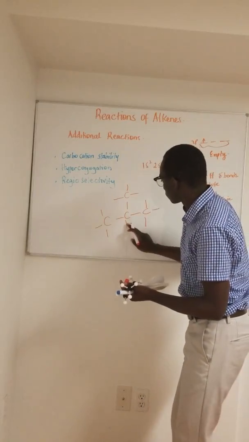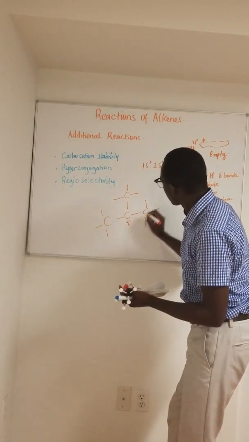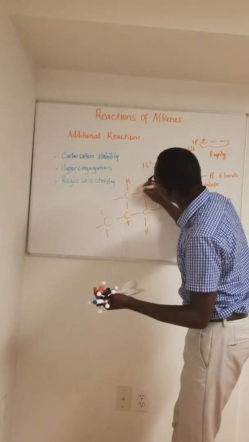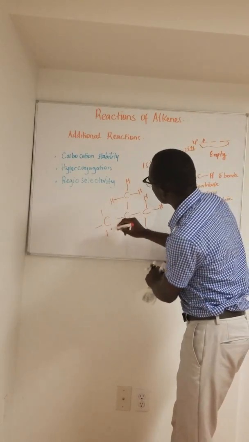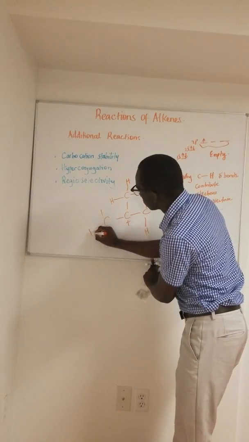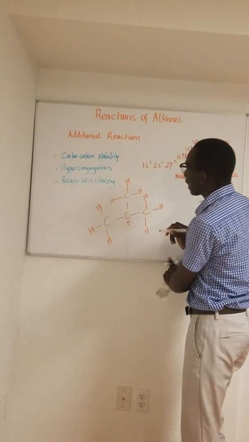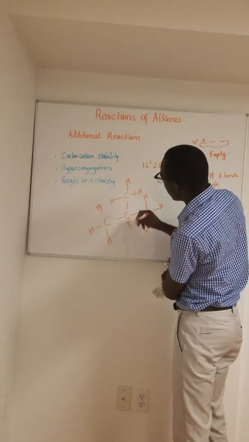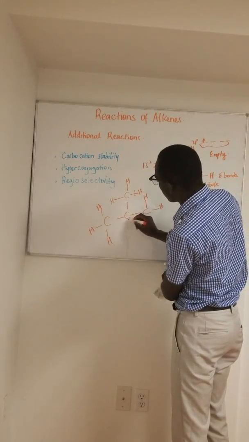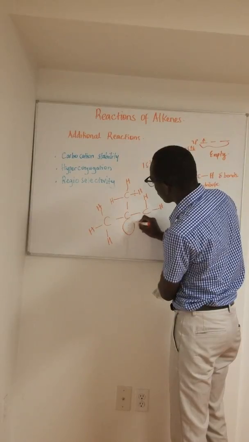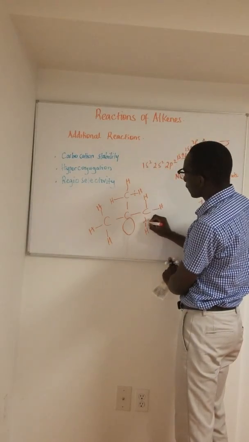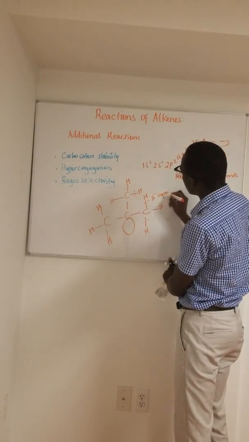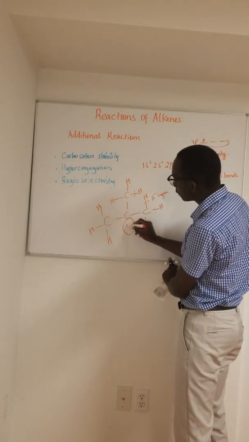This is my carbocation, and these are the hydrogens that I've been showing you. This carbon here has an empty p orbital, if I may represent the empty p orbital with something like this. Now these electrons here, these sigma bonds, will contribute electrons towards this p orbital.